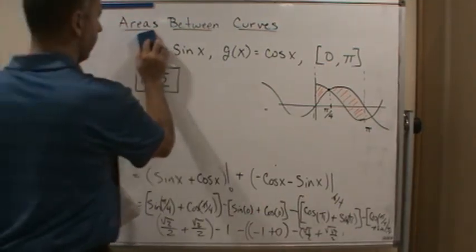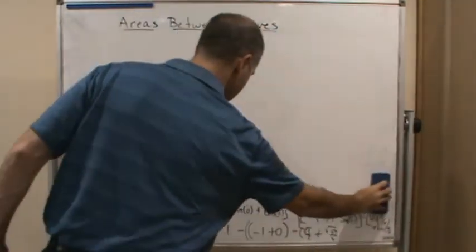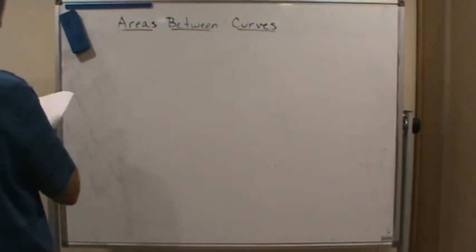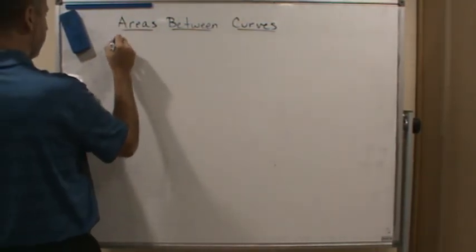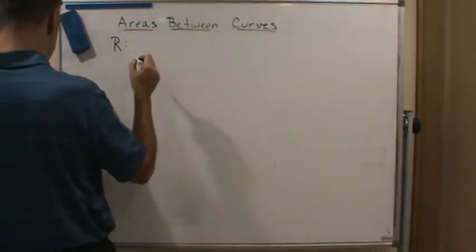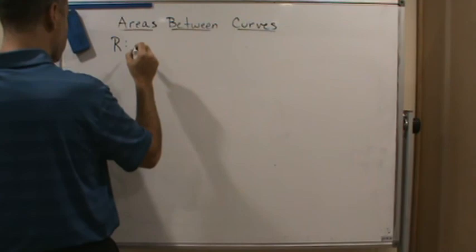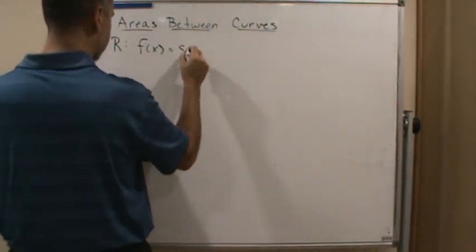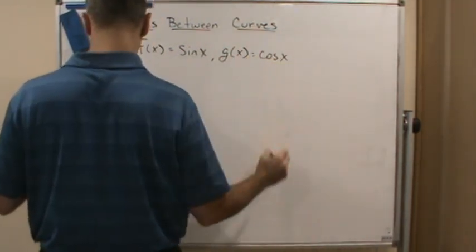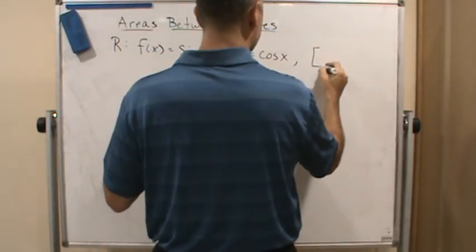Okay, here's one for you to try. Let's say you have the region R, bounded between these two functions, over this interval.